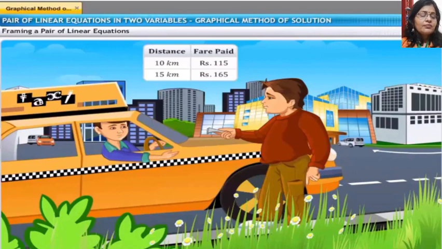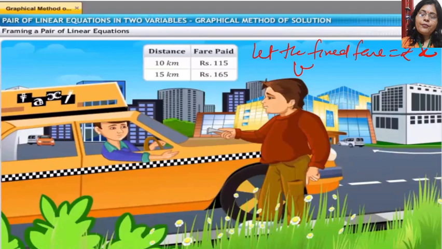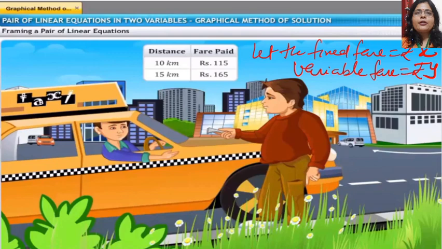Now, let the fixed fare be X rupees and the variable fare be Y rupees per kilometer. Now, you all know that fixed fare is fixed always, no matter how much distance you travel. So, what will be the equation?